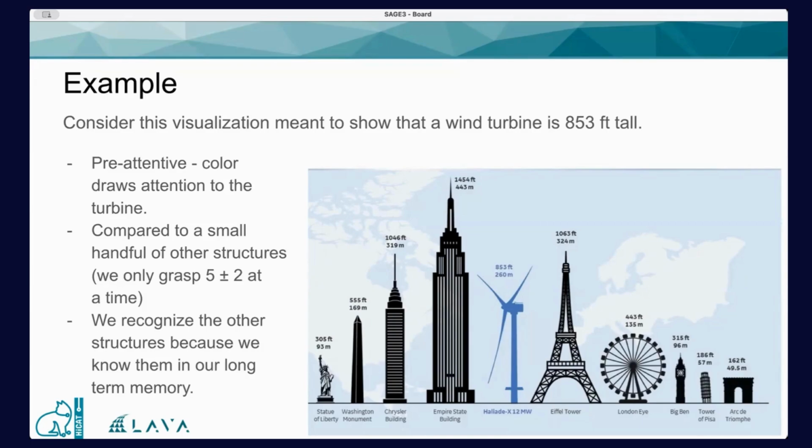Just to get the scale of what is taller, what is less tall than the wind turbine. And this visualization is also using structures that we know about in the real world, or at least some of them are probably known to us. It uses that as a way of evoking that memory to give us a more visceral feel of the scale of this. So if you've ever actually seen the Statue of Liberty, you will have a sense of size.